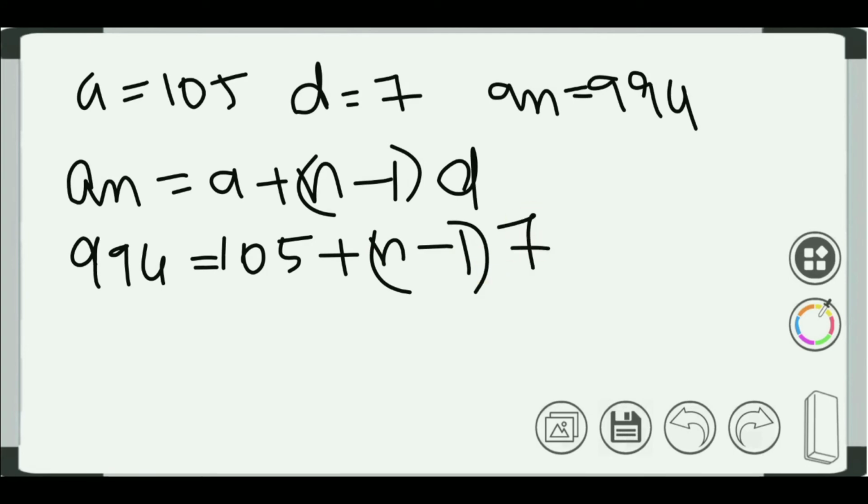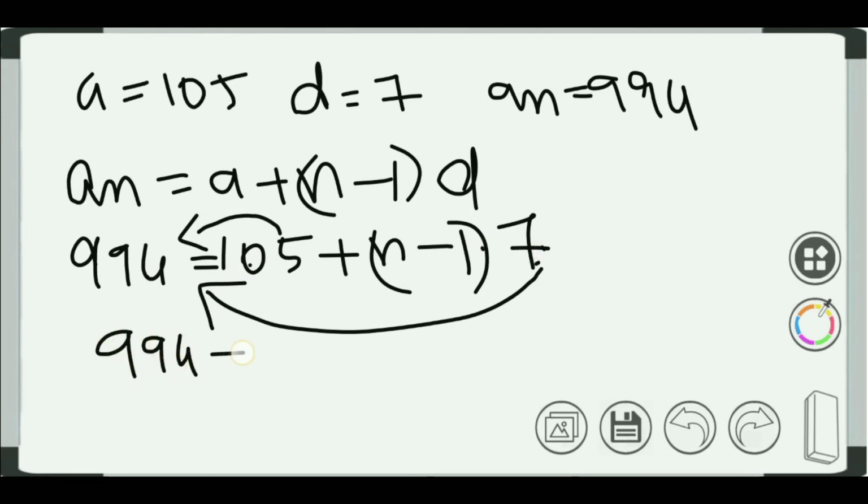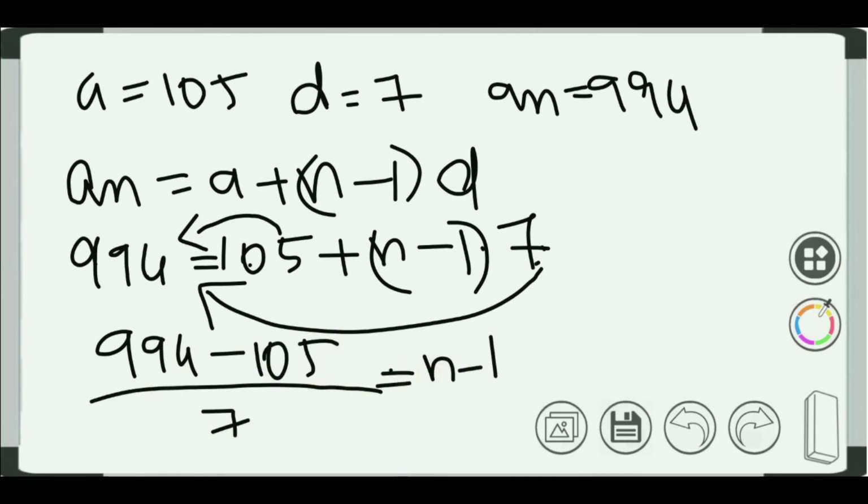D is 7. I am taking this 105 this side and also 7 this side. So 105 will become minus 105. Since this is multiplication, it will become division. So 994 minus 105 divided by 7 is equal to N minus 1. 994 minus 105, 889.